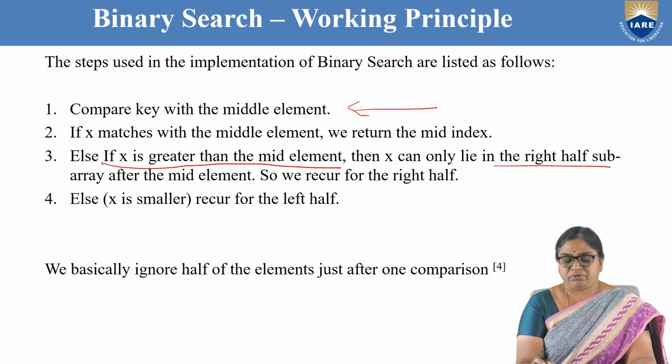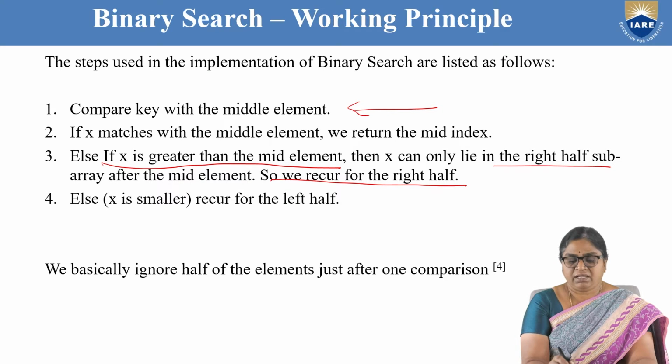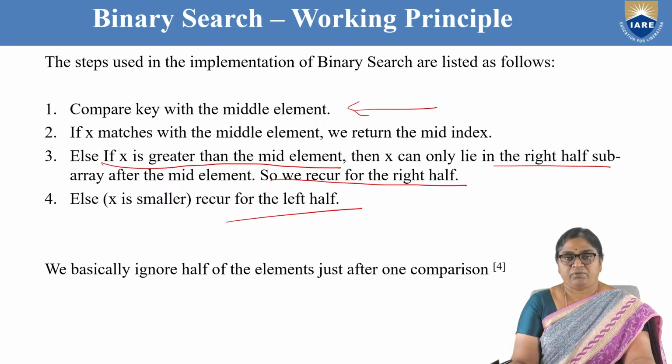So we recurse for the right half. That means we will search for the key element in the right hand side of the list, discarding the left side. If x is smaller than the middle element, then we will recur for the left half by discarding the right half. This is how we will repeat this process till we find the key element.